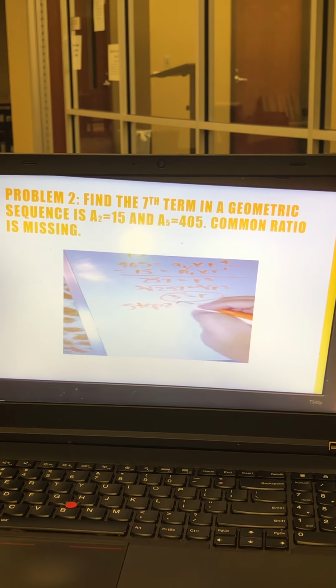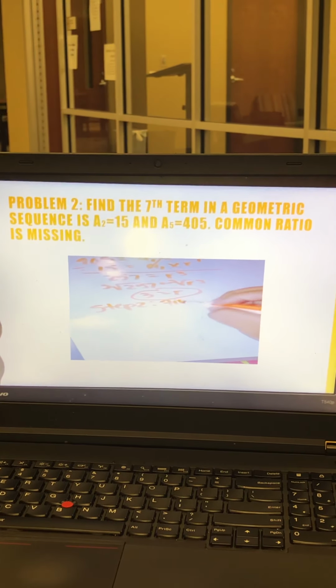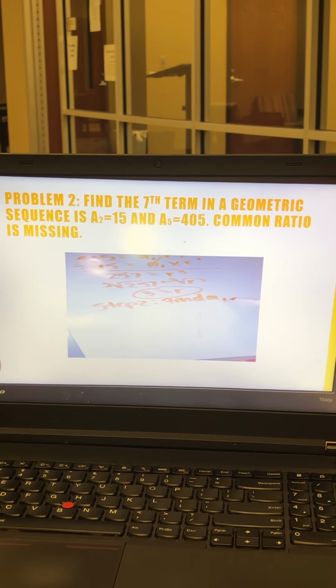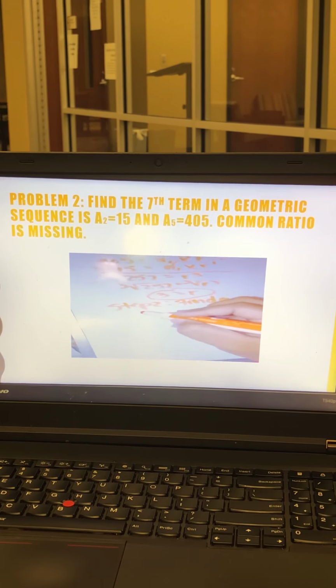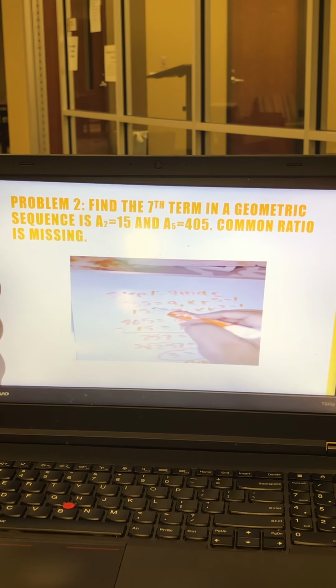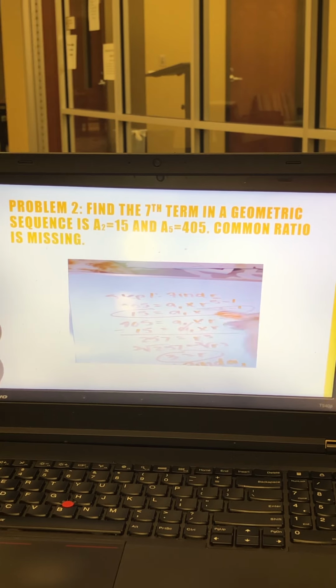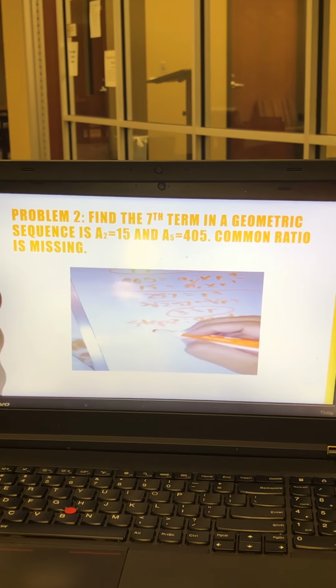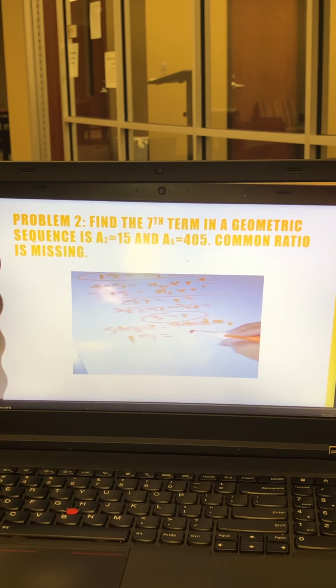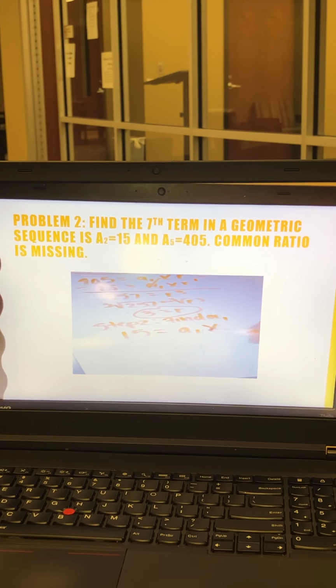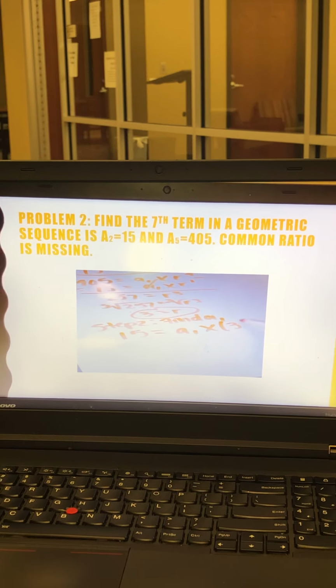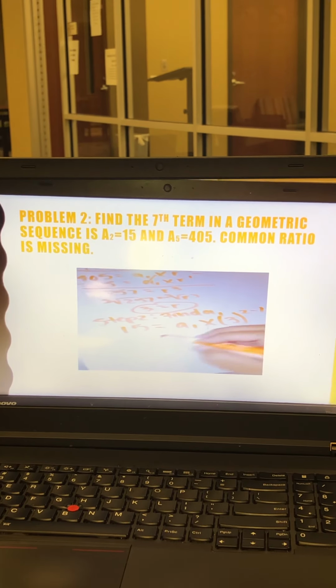For step 2, we're going to find the first term. So picking that formula, we're going to go with 15. So you have 15 equals the first term times our common ratio, which is 3, raised to the term number minus 1.